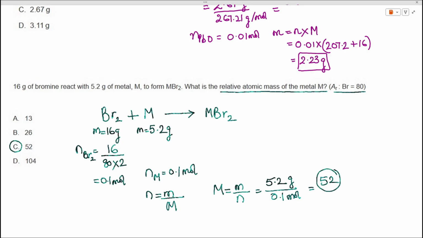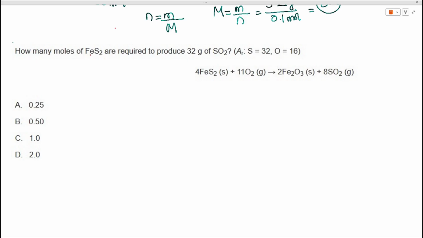The question here says how many moles of FeS2 are required. So we have to figure out the number of moles of this to produce 32 grams of SO2. So the mass of sulfur dioxide is given to us as 32 grams. Now to do this question, from the mass of sulfur dioxide we'll figure out the number of moles.